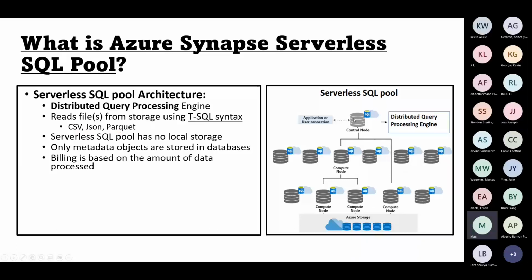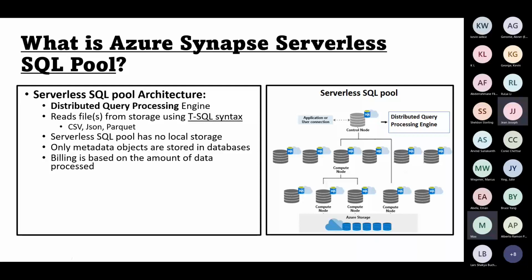Anytime an application or user submits a request, the control node receives that request. Based on the query processing, the control node may decide, I need three compute nodes.